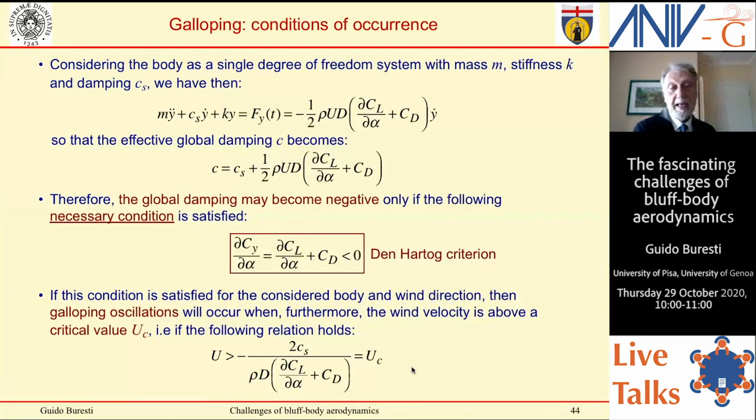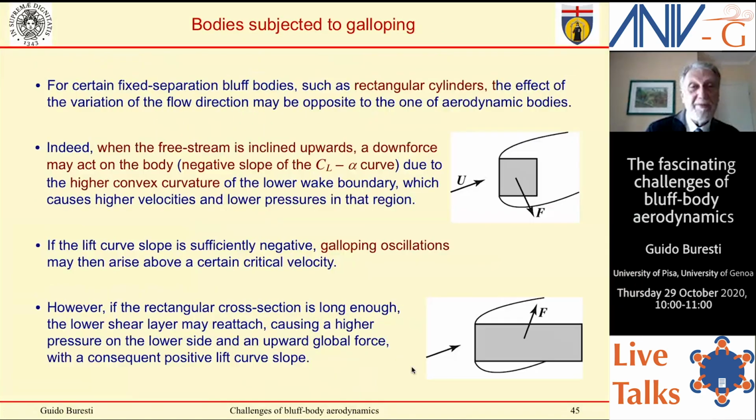How may this happen? For aerodynamic bodies, for instance, this cannot happen, because the derivative of CL with respect to alpha for an aerodynamic body is very high, positive and high. So how can you get a negative force for a positive angle of attack? Because the boundary of the wake in the lower part has a higher convex curvature, which gives rise to high velocities and low pressures.